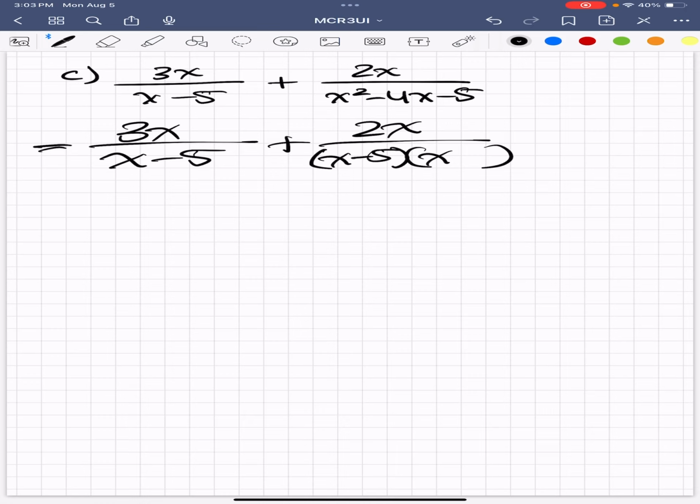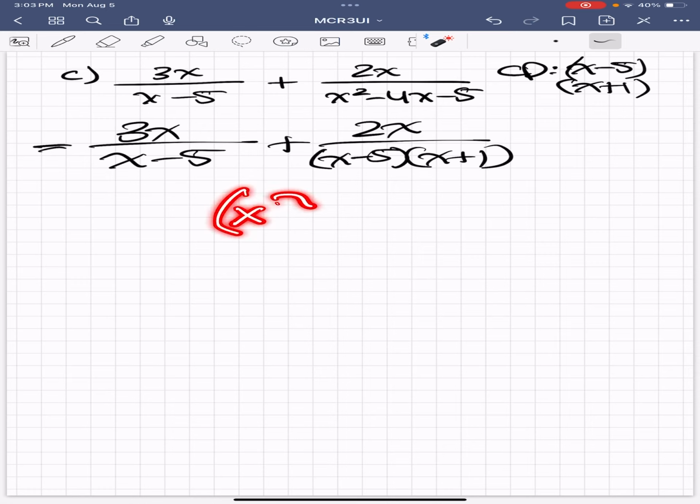So we have minus 5 and plus 1. So we have our common denominator, which is x - 5 and x + 1, which means we're going to multiply this piece by (x + 1) over (x + 1).